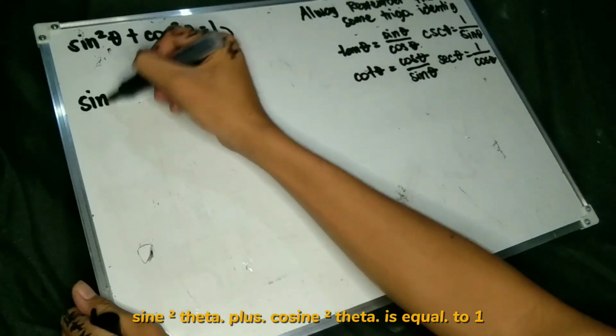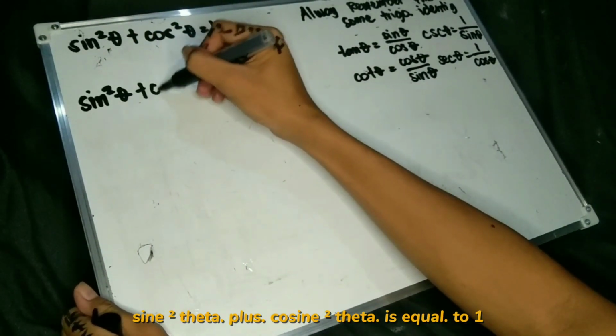Sin squared theta plus cosine squared theta is equal to 1.